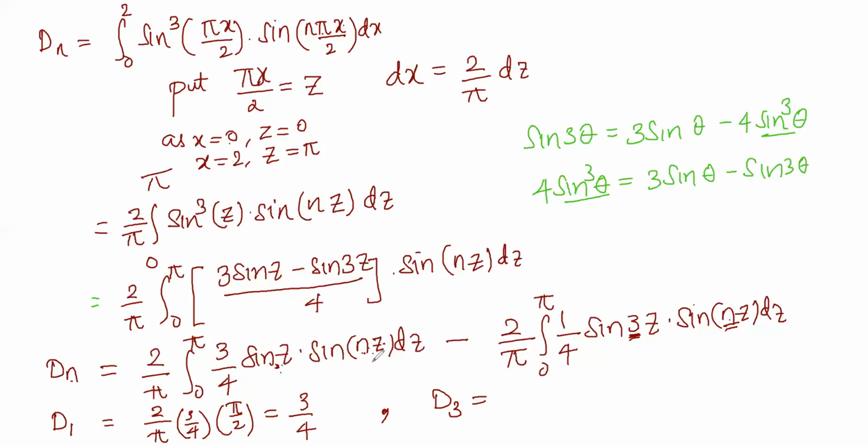And the d3 part will give me minus 2 by pi, then 1 upon 4, and then integration of sine 3z into sine 3z from 0 to pi, which is nothing but pi by 2. So this part cancels and gives me minus 1 by 4. So I got d1 and d3, where d1 is 3 by 4 and d3 is minus 1 by 4.